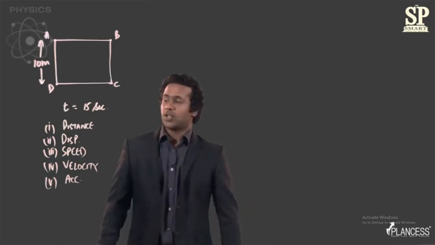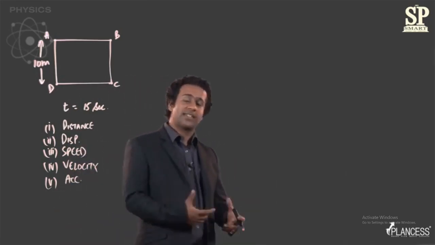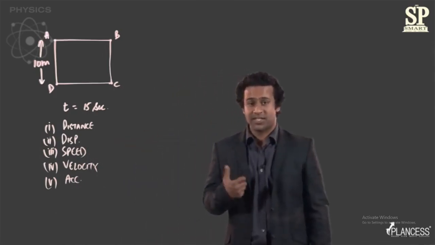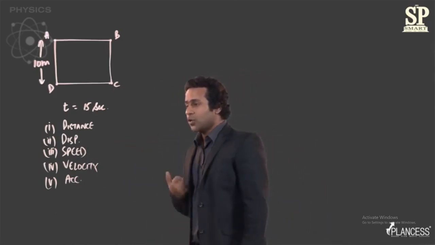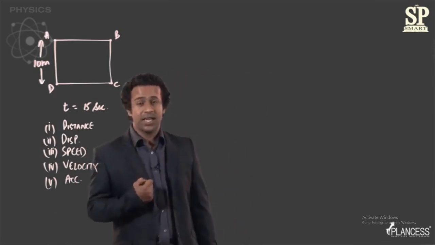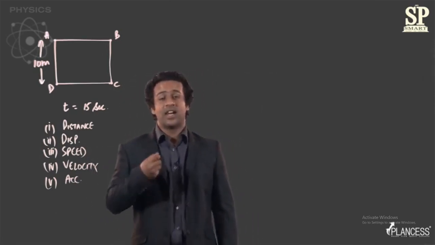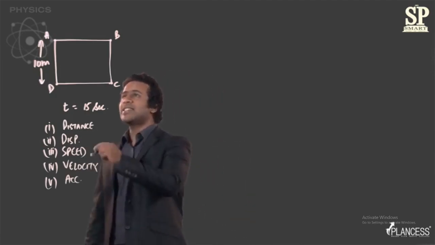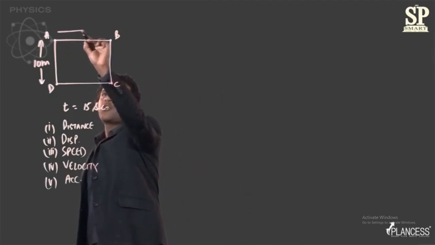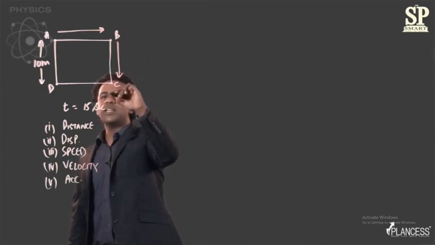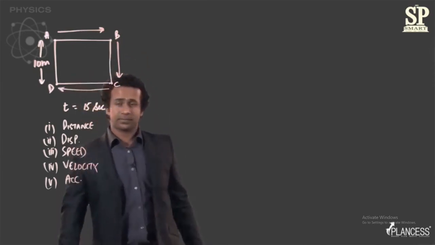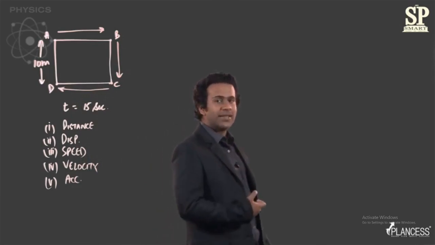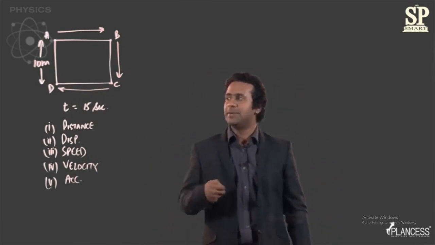Right. So let's start with the first part, which is asking for the distance covered. Right. So we know by definition that distance covered is the length of path taken by the particle. So first of all, you can see that the particle goes from A to B, B to C and then C to D. So the total length would be AB plus BC plus CD.